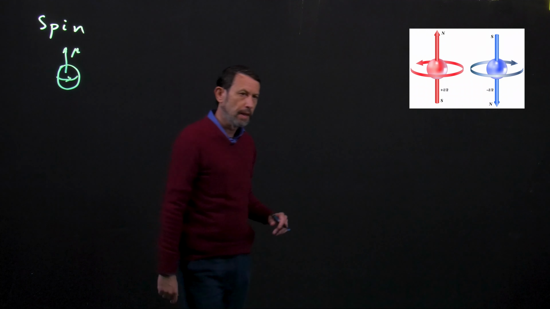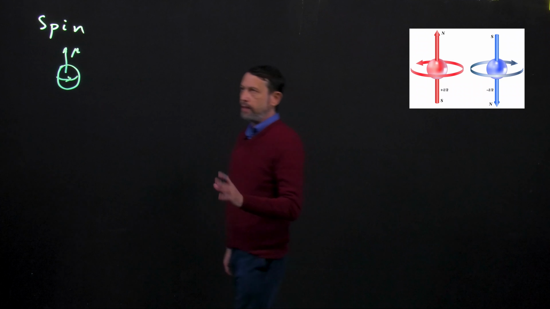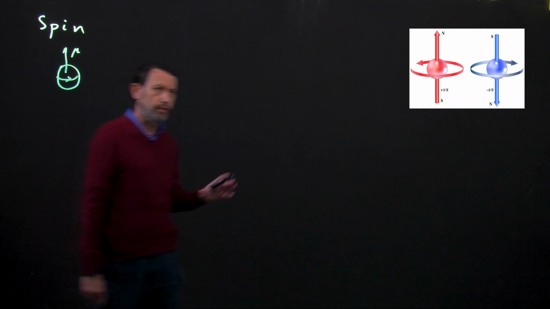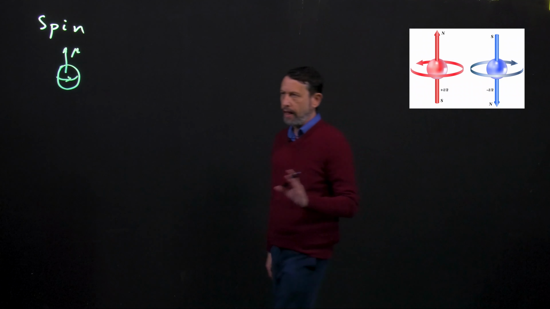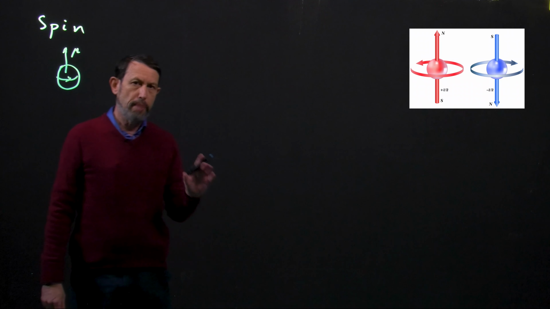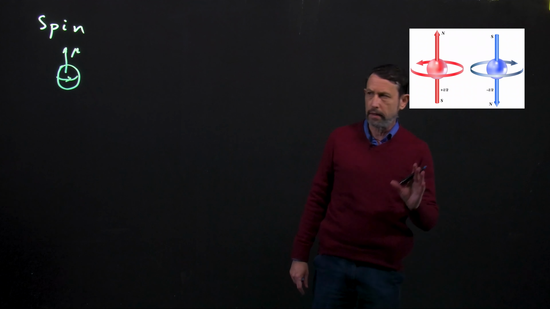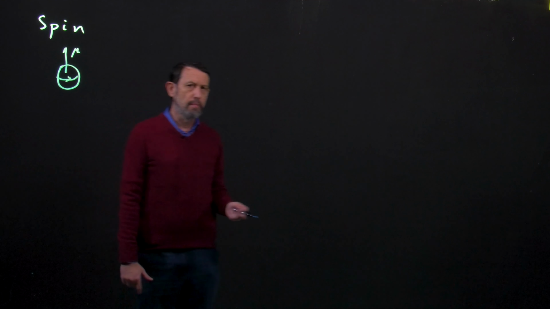That cannot be. So actually, the origin of spin is something else. It's a relativistic effect. It comes out of the Dirac equation. But for our purpose at the moment, we only state that certain particles, for example the electron, have spin. Okay, it has a moment.